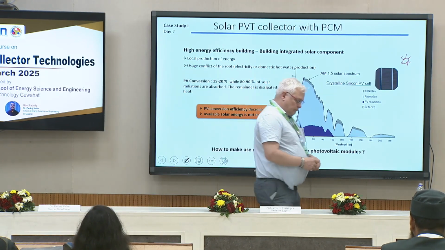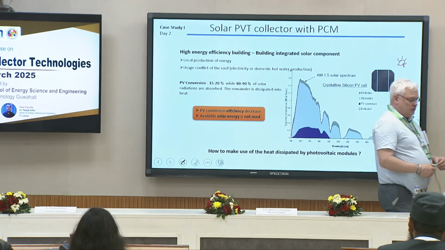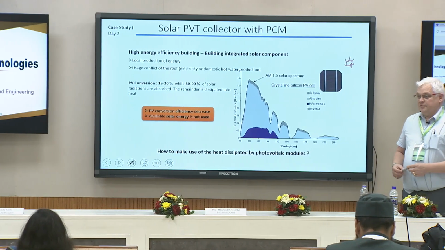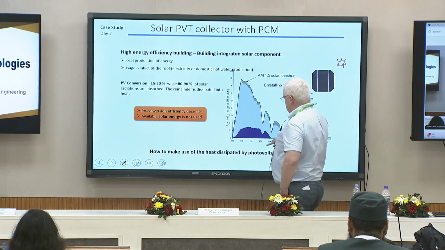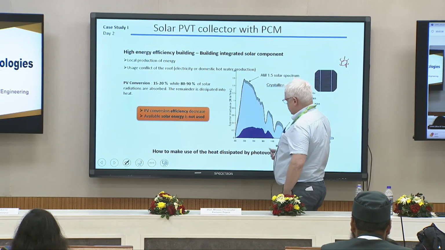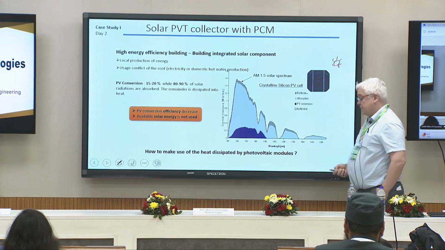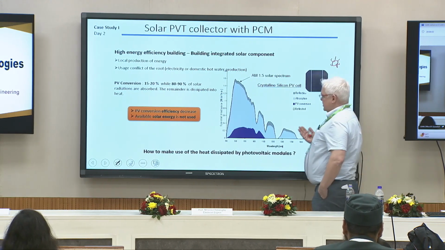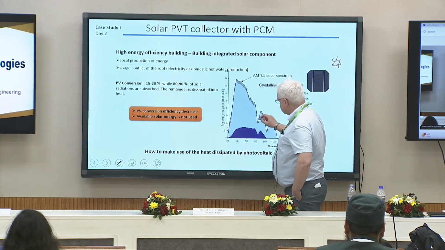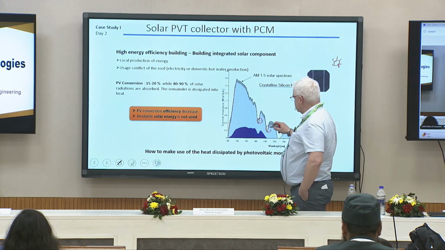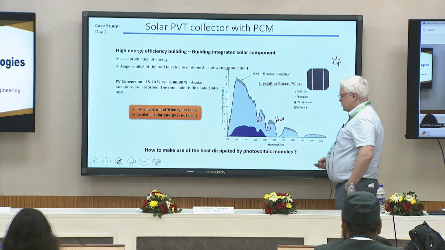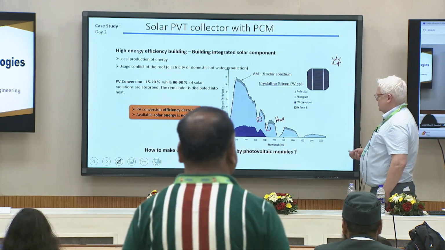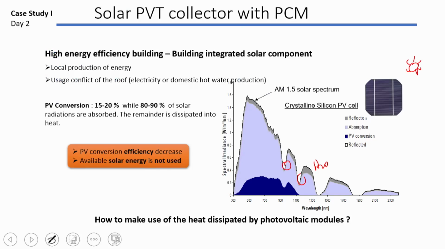So, the origin of PVT. I already showed you the solar spectrum after it has crossed the atmosphere, so you see some holes here due to H2O absorption. You have also nitrogen absorption and CO2 absorption, and so on.